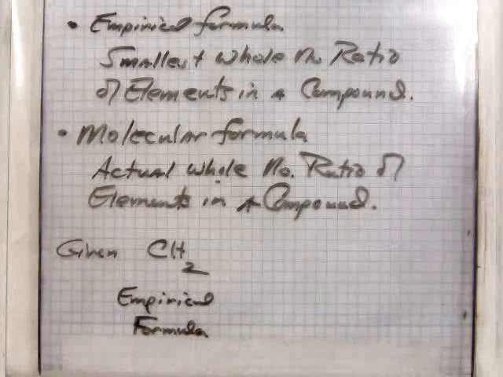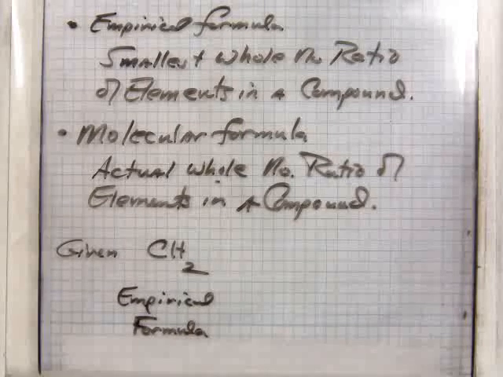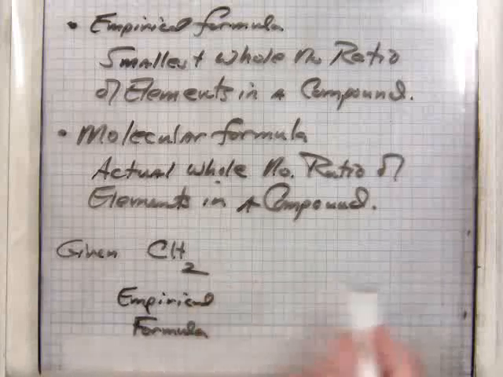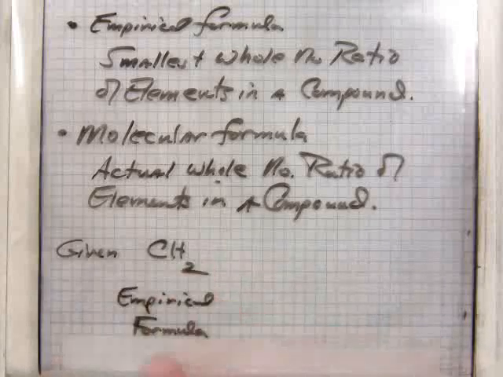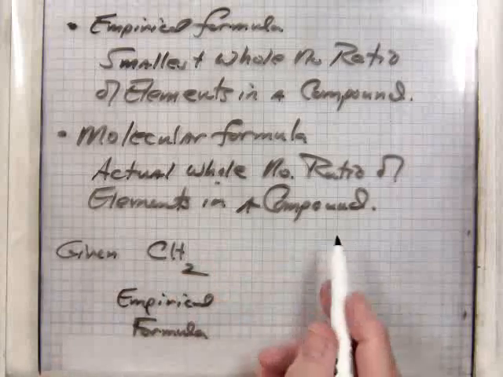Now, there are compounds where the empirical formula and the molecular formula are the same, but I'm using one that's not. So sometimes the empirical is actually a molecule, and sometimes it's not. This is not. Okay, so carbon doesn't combine with just 2 hydrogens. We'll get to that in the future.